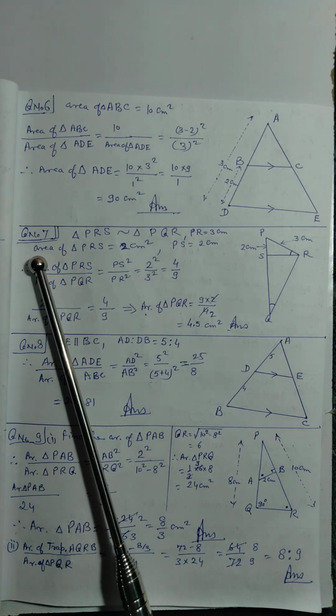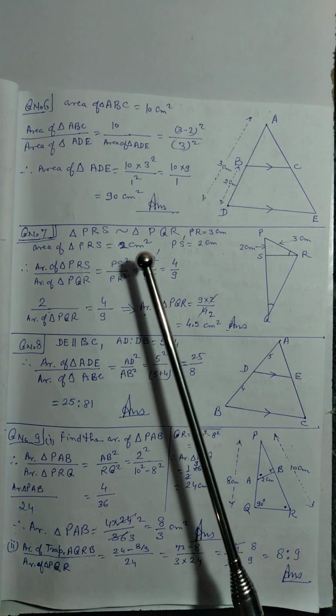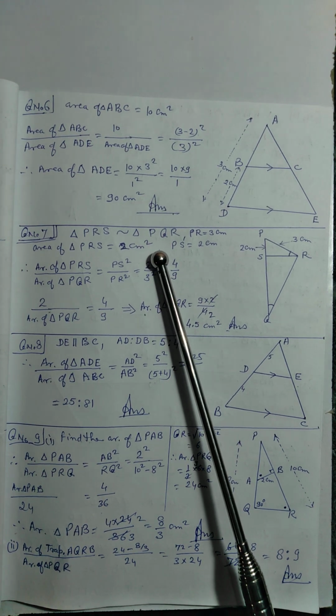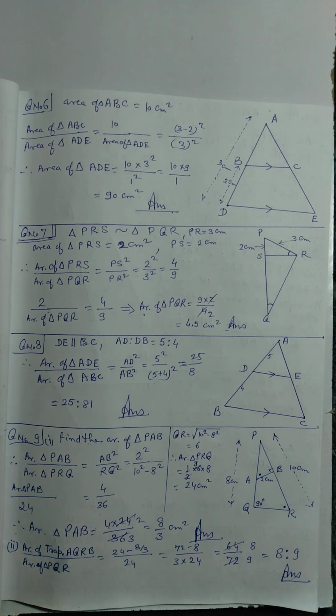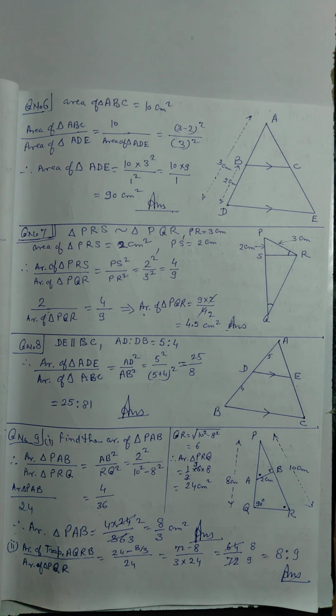Now the question number 7. Question number 7 states that in a figure the triangles PRS and PQR are similar where PS is equal to 2 centimeters, PR is equal to 3 centimeter.